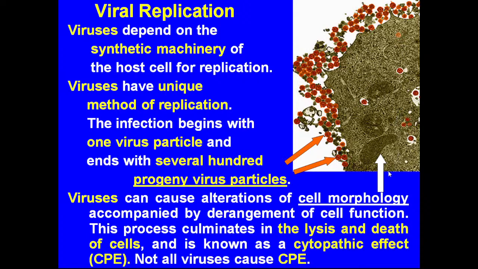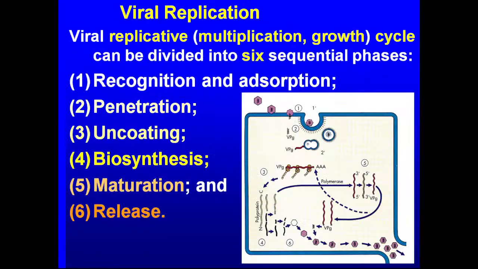This process culminates in the lysis and death of the cell. That is called cytopathic effect. The cytopathic effect of the virus upon the infected cell can be not that dramatic like lysis. Some other changes may occur for a while, but we stated already that the cell is going to die anyway.